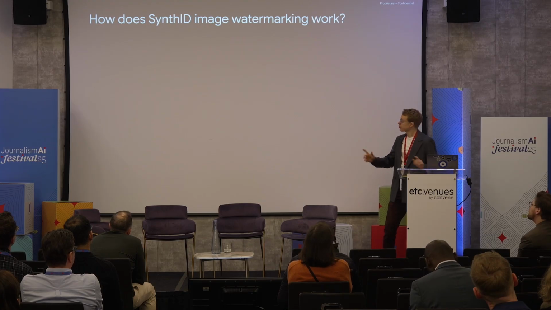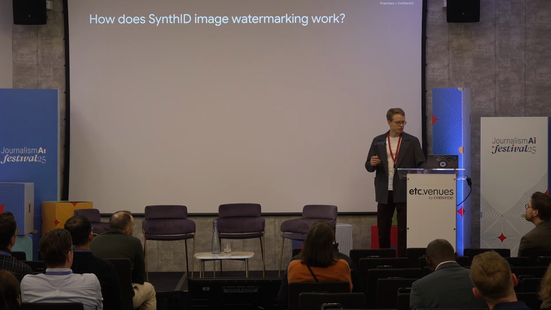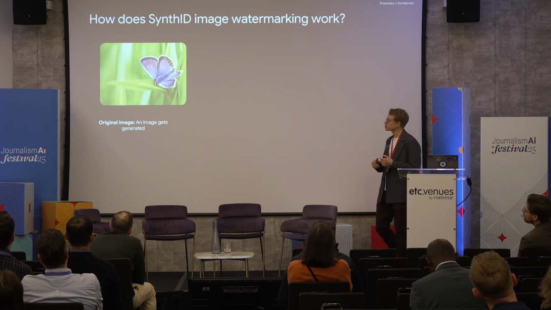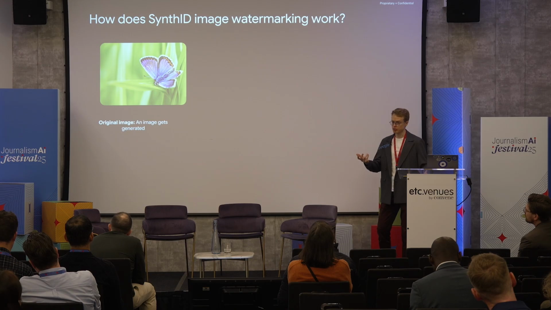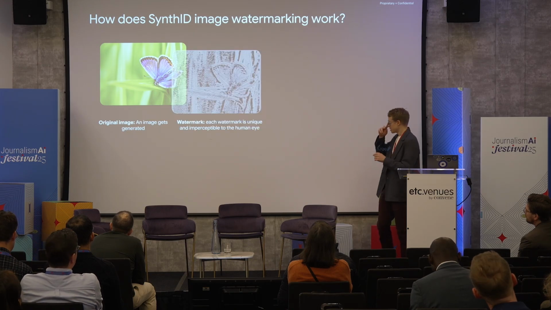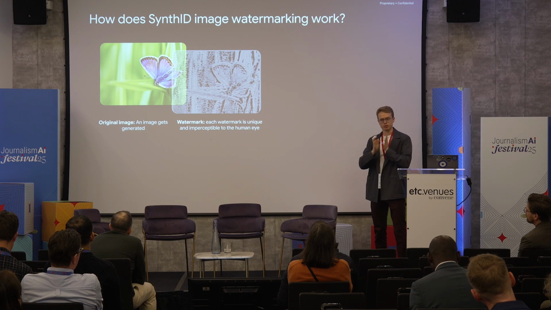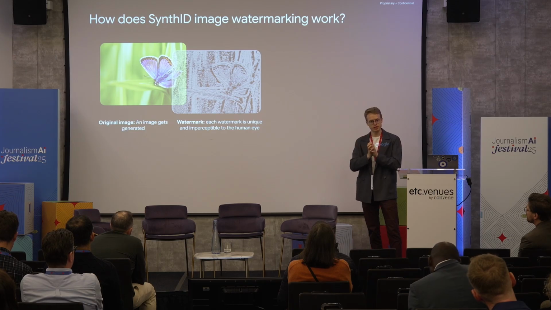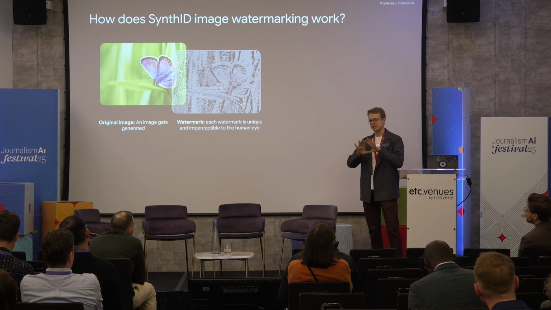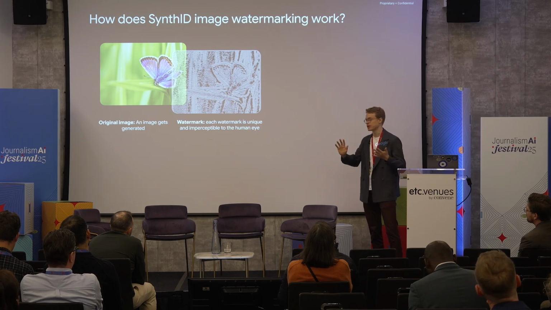I'll run you through how each modality works, because each one works a little bit differently. For image watermarking, as I mentioned, you start with a generated image from a user prompt. At the same time as the image gets generated, we create a corresponding watermark. Each watermark is individually generated for this specific image, so it's not like a static watermark that looks the same and gets applied to every single image.